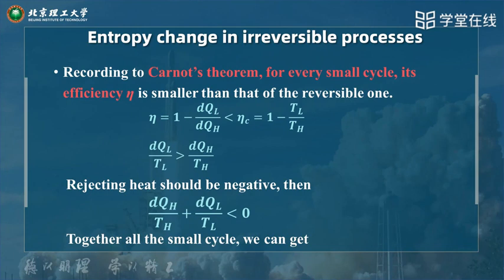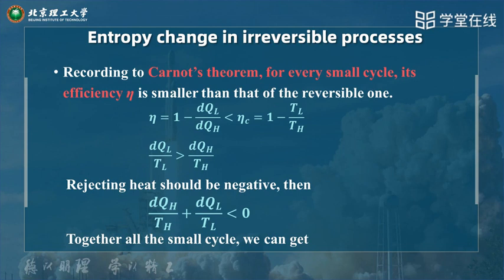From the Carnot theorem, for every small cycle, its efficiency is not the reversible cycle efficiency. Because this cycle is irreversible, its efficiency is smaller than that of the reversible cycle.